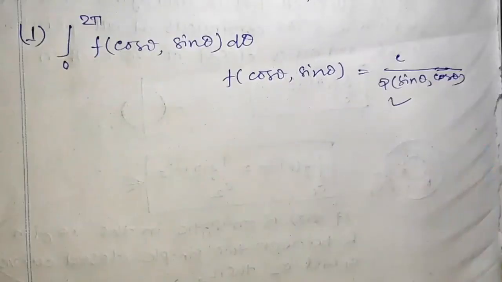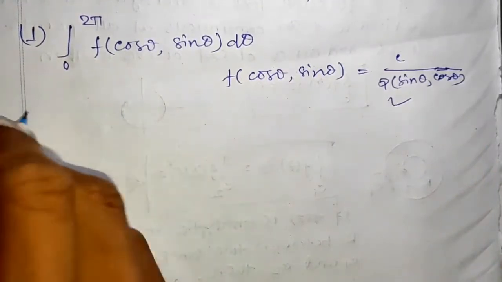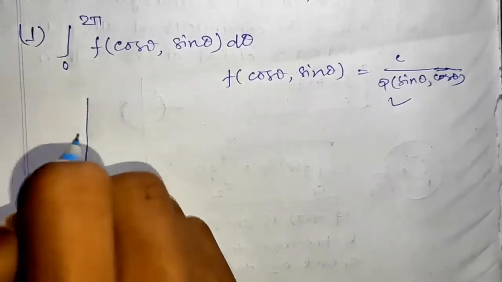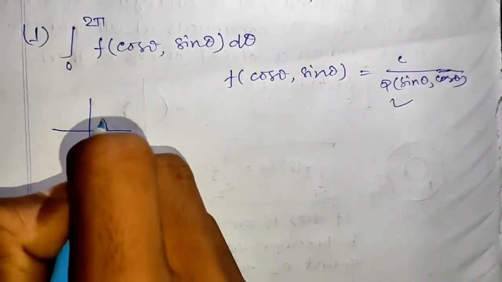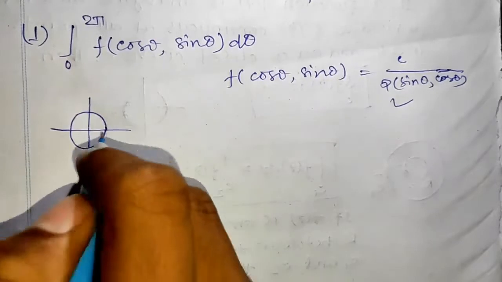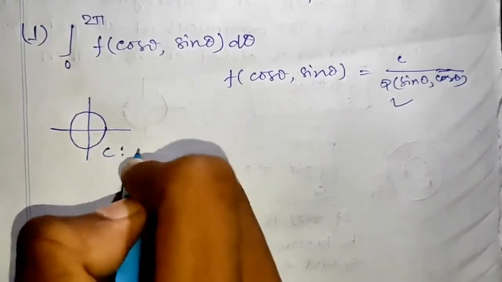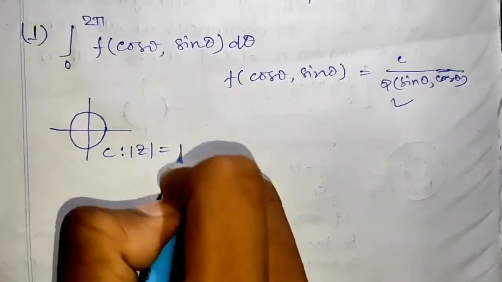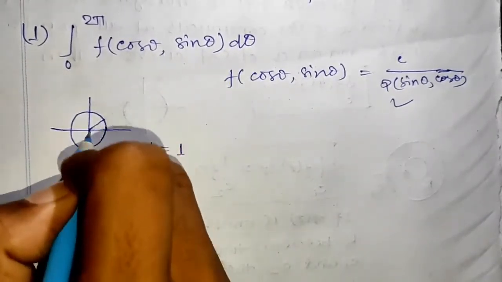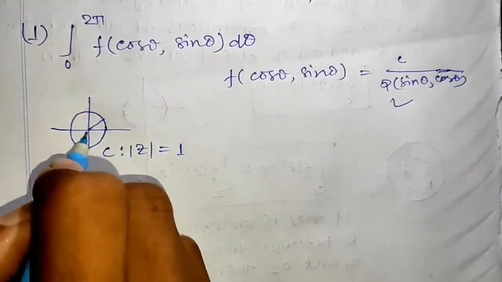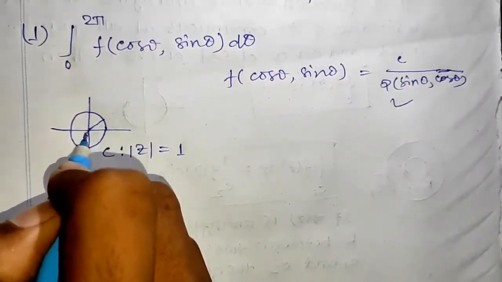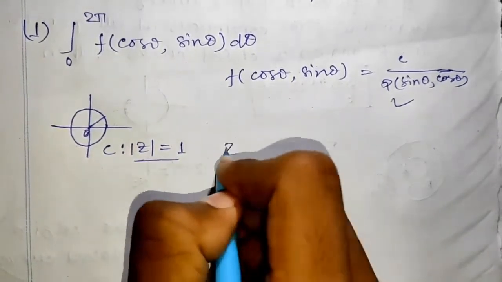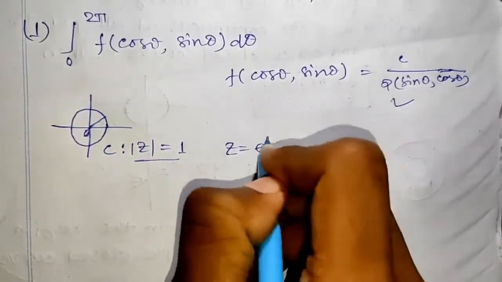Now to convert sin theta and cos theta into z, we consider a circle of unit radius with center at origin as contour. This is C such that modulus z equals 1. Its center is at origin and its radius is 1. So we can write z equals e to the power i theta.